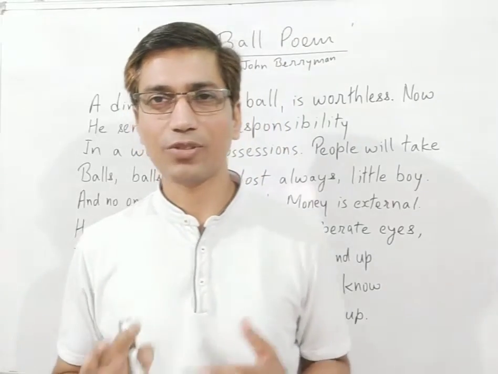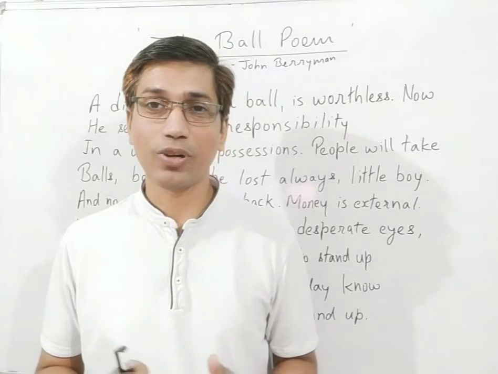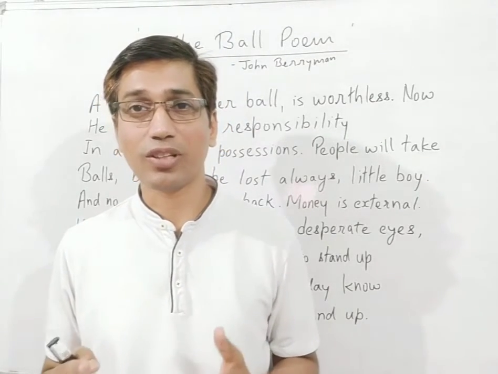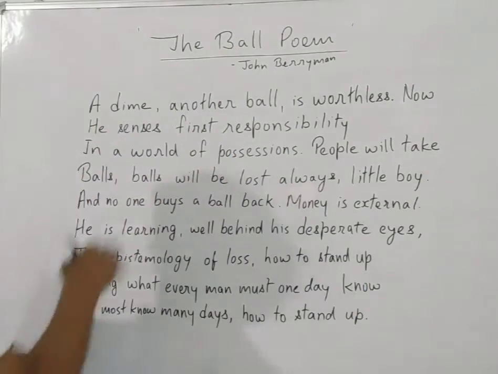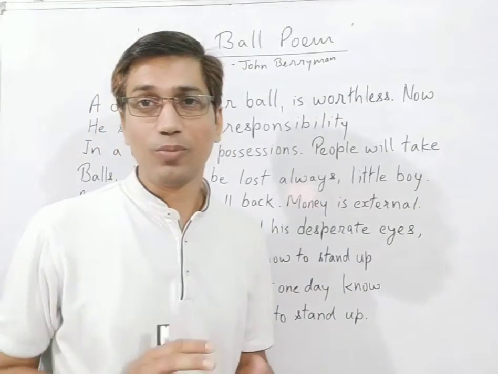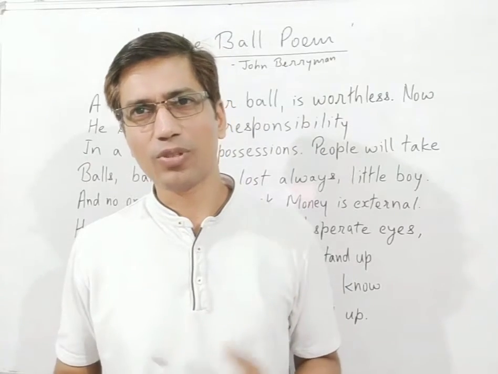So the boy has to learn his own lesson himself. That's why the poet doesn't want to intrude on him, to interfere with what the child has to learn himself. And then further we read, a dime, another ball is worthless. The ball, if seen externally, what's the price of a ball? How much does it cost?